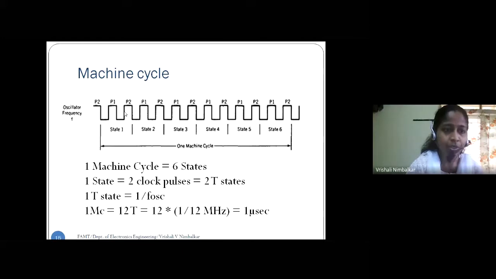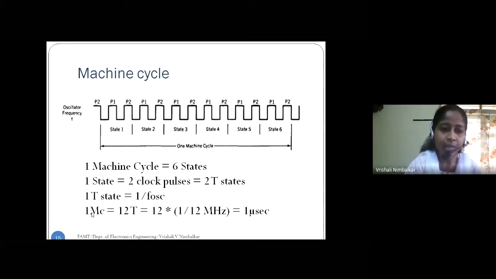Fine. So just look at what is written below. One machine cycle is made up of 6 states. One state is made up of 2 clock pulses or 2 time periods. What is time? It is the inverse of frequency. T is 1 by F. What is that F? F is the oscillator frequency. And how much is the oscillator frequency? 12 megahertz. Correct?